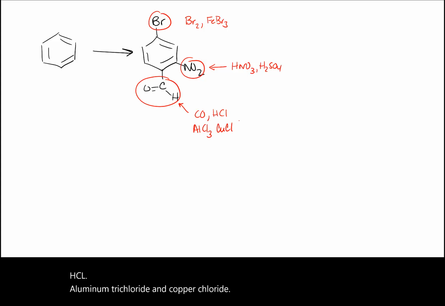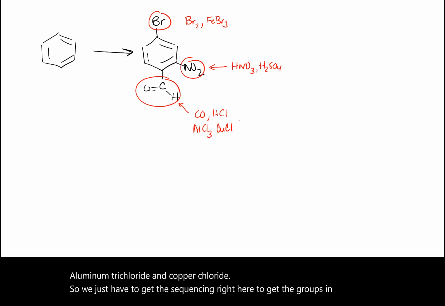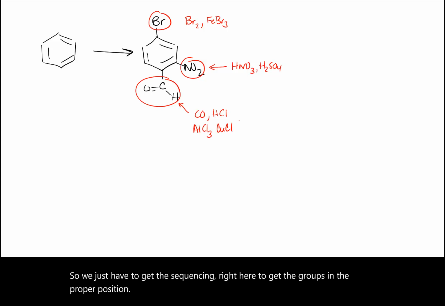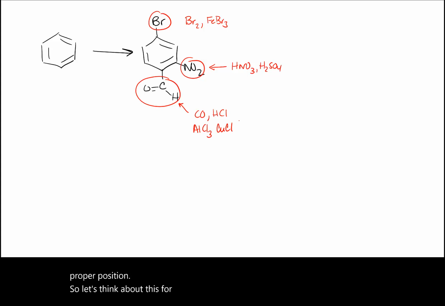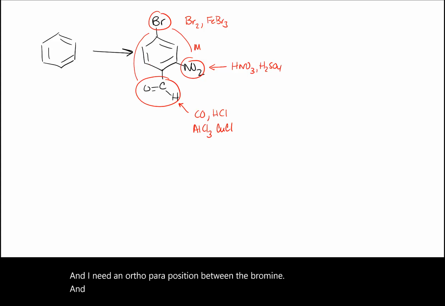So we just have to get the sequencing right here to get the groups in the proper position. So let's think about this for a minute. I need a meta relationship between the bromine and nitro group, and I need an ortho para position between the bromine and the aldehyde.